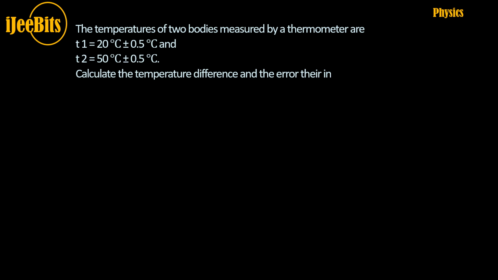Let me do it. The temperature difference is nothing but the difference T2 minus T1, that we know. What is given? T2 is 50 plus or minus 0.5, minus T1, which is 20 plus or minus 0.5. So what you should be doing, the main values 50 and 20 should be subtracted.